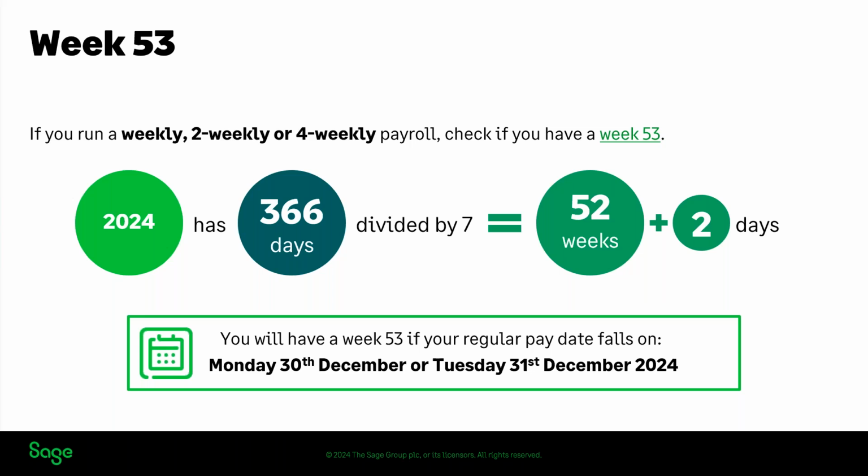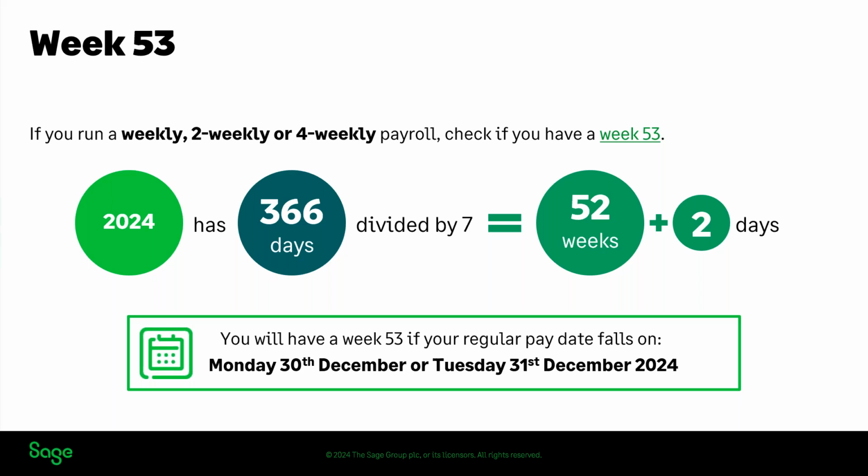So to recap, you will have an extra pay period or week 53 if you run a 2-weekly or a 4-weekly payroll and your regular pay date falls on Monday the 30th of December or Tuesday the 31st of December 2024.